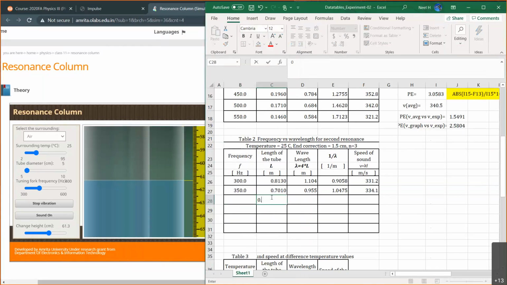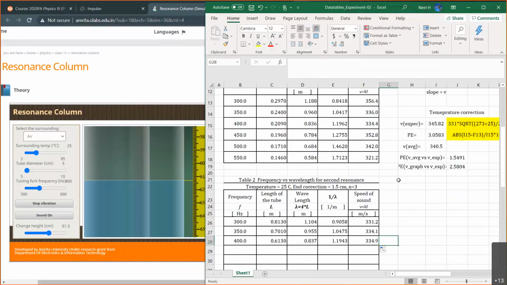So that means this is 0.613. Now this one should be 400. Let's check the calculation. Yeah, that's almost about the same numbers. I have a little bit of error compared to previous, maybe about 5%, but that's okay.